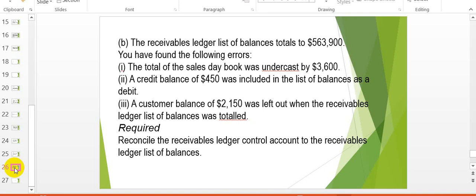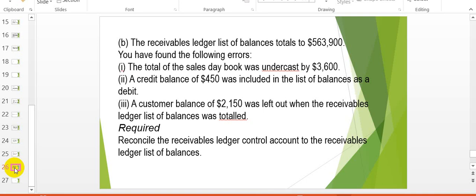So we notice that there is a difference between the receivable ledger control account and the receivable ledger. You've been given the errors which have been identified.